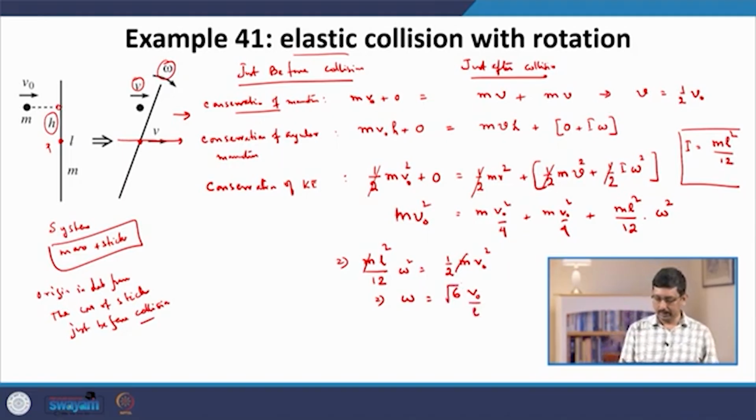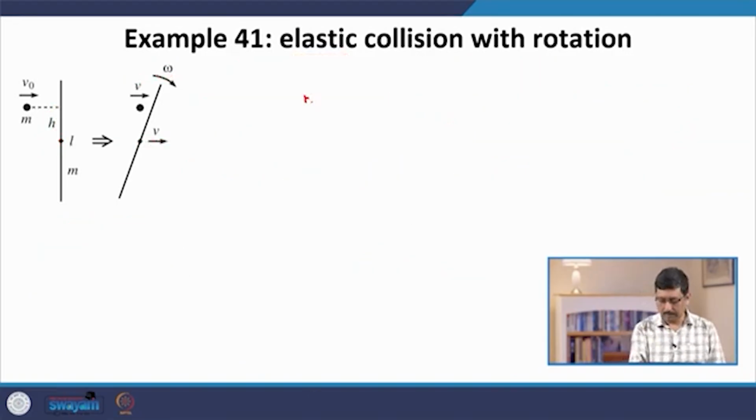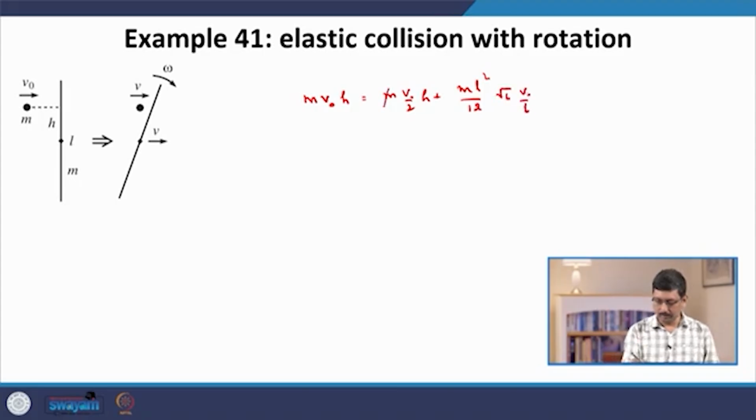If we now plug this value into the angular momentum equation, we get m v naught h is equal to m v naught by 2 h plus m L square by 12 times root 6 v naught by L. So m gets cancelled.